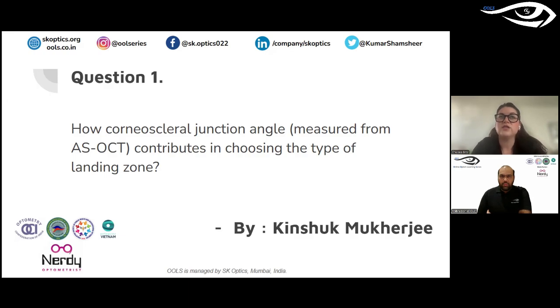I mentioned we just got the Anterion anterior segment OCT, so we're starting to look at this more, but it definitely contributes. I will cover a little more about this in a future presentation. That's a really good question.